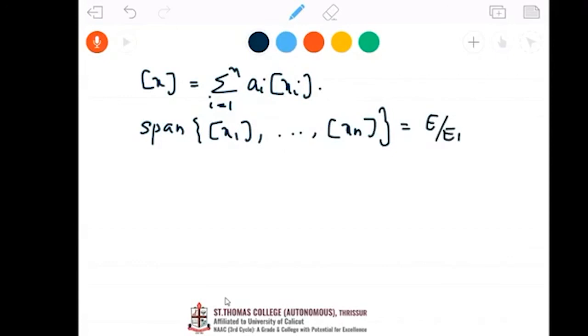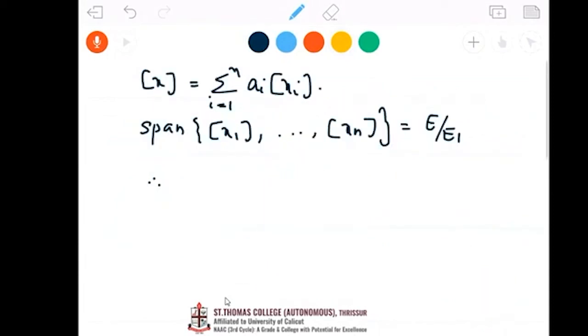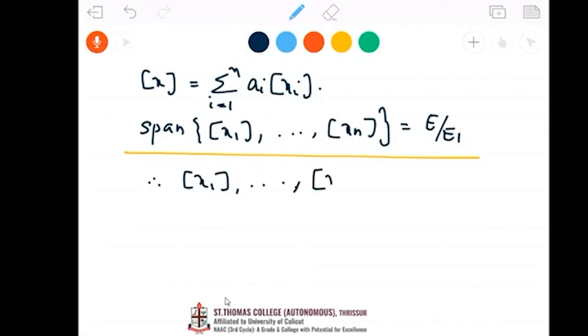Okay, thus we can say that they are linearly independent, and now we have that they span E over E1. Therefore class x1, etc., class xn is a basis for E over E1.